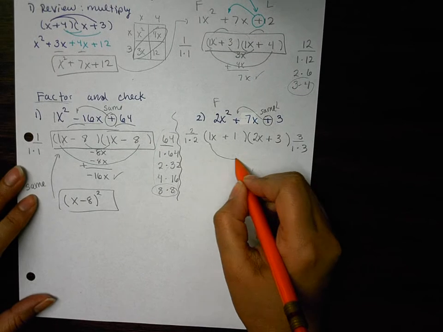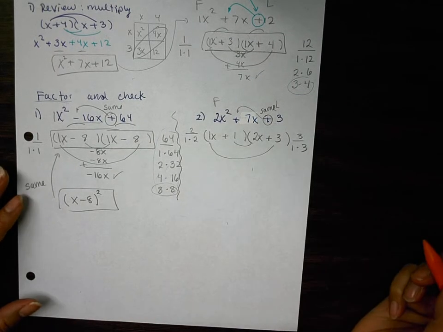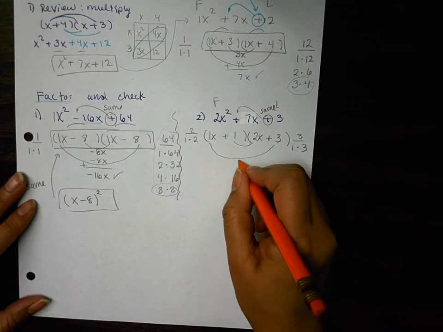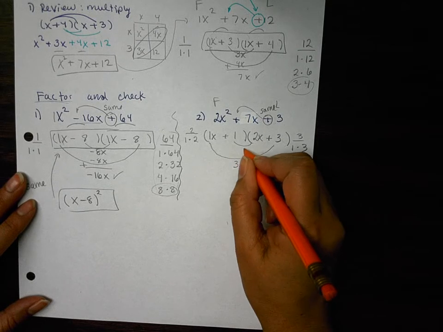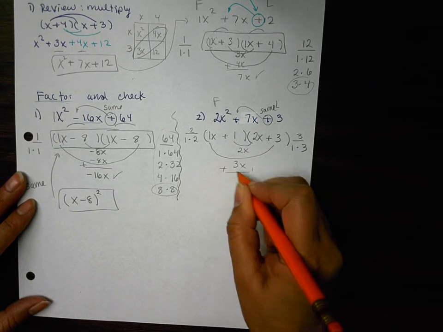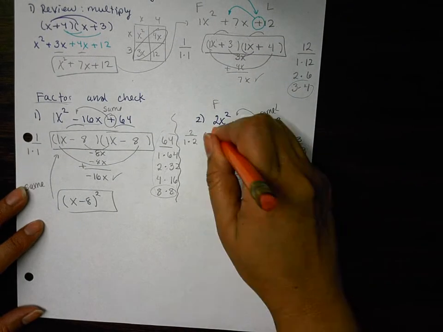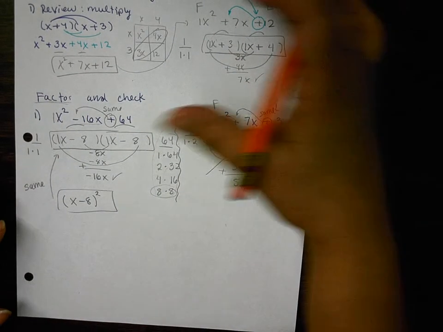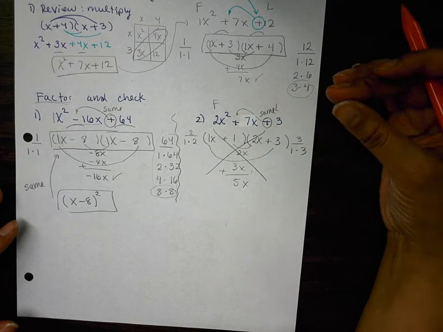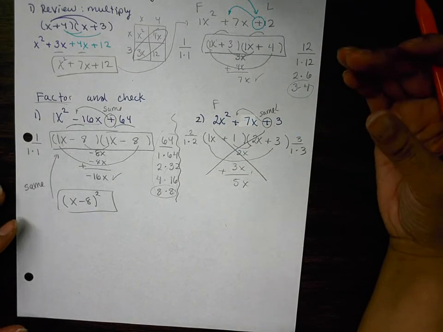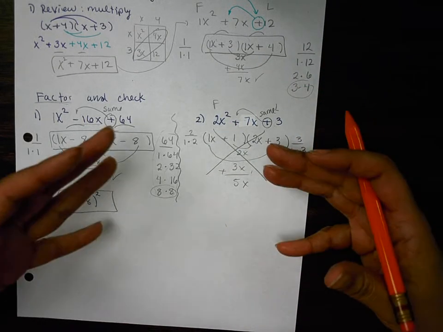Try your outside and inside and add them up. Did it work? What is the outside? 3x. And the inside? 2x. And that adds up to not 7x? Okay, it's wrong.